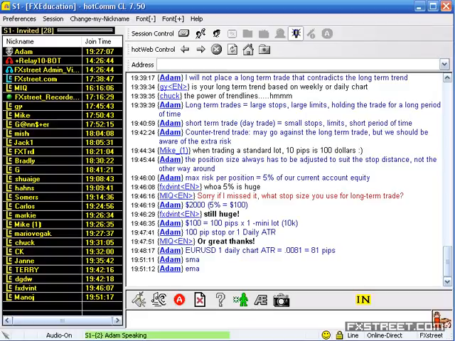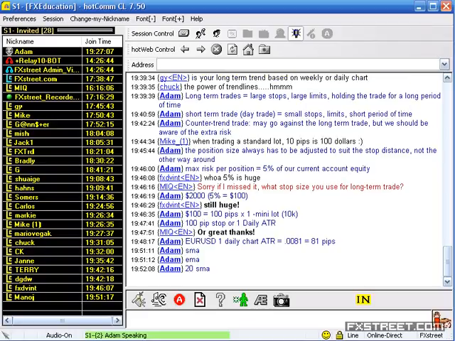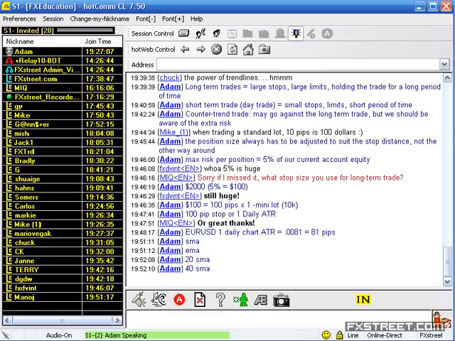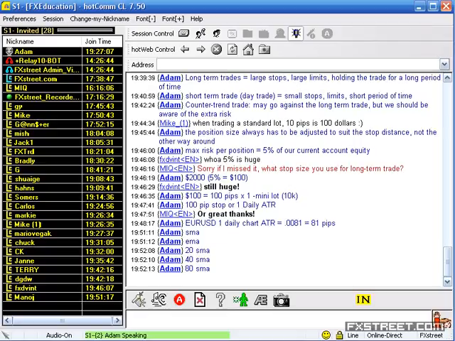Okay? Now, what I like to do with the simple moving averages, I like to double them. So I'll start with a short-term moving average, which is a 20 simple moving average, double that, 40 SMA, and 80 SMA. I never read this anywhere. I just sort of started doing it one day, and it kind of stuck.